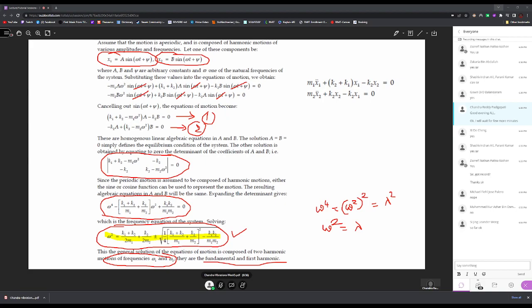Since the solution for A and B becomes 0, to find a non-zero solution we write these equations in this format. Then we take the determinant and make it 0 to get a non-trivial solution. Once you solve this, you will get expressions for the natural frequencies of the system, omega 1 and omega 2. These are called the first harmonics of the 2 degree of freedom system.